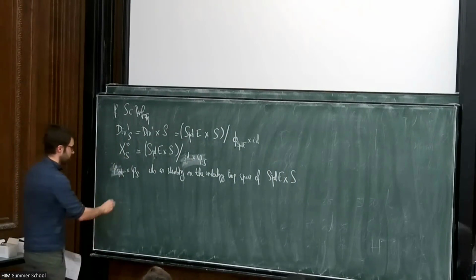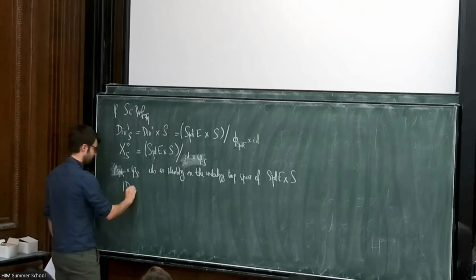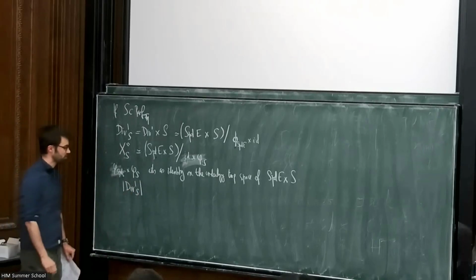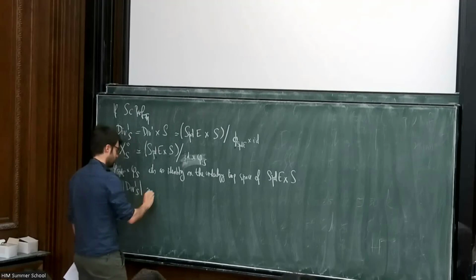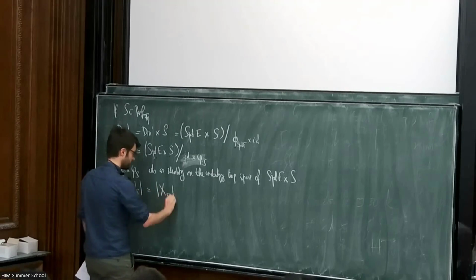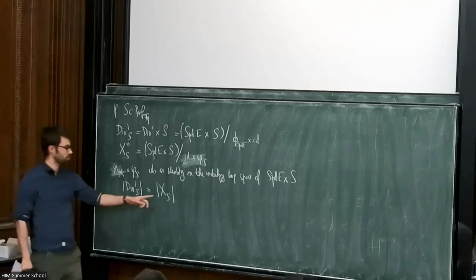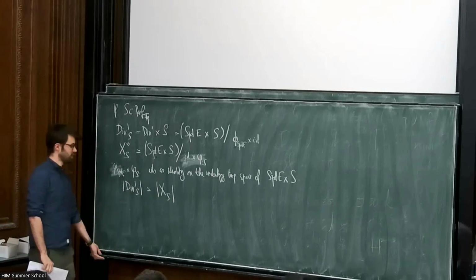In particular, you get at least an identification of the underlying topological space of this diamond, div1S, and the underlying topological space of the diamond of XS, which is the same as the underlying topological space of the Fargues-Fontaine curve.